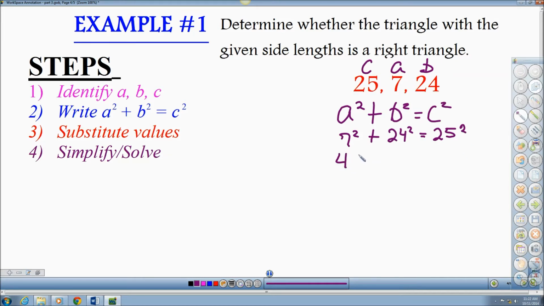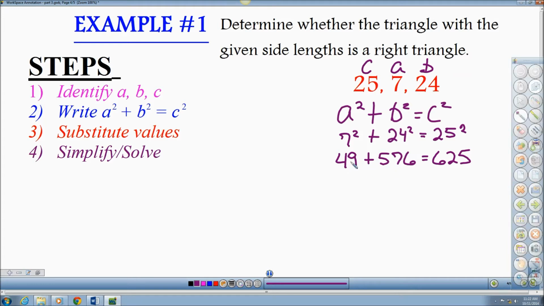So 7 times 7, or 7 squared, is 49. 24 squared is 576. Oops. And 25 squared is 625. Now I need to add these two together.